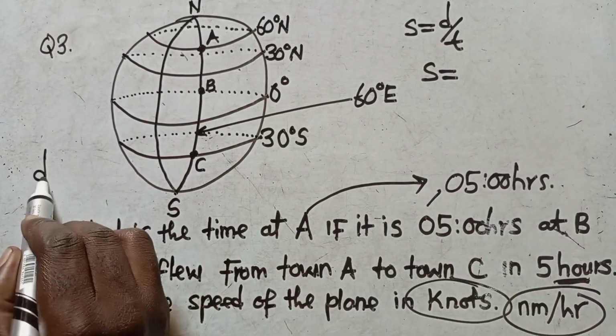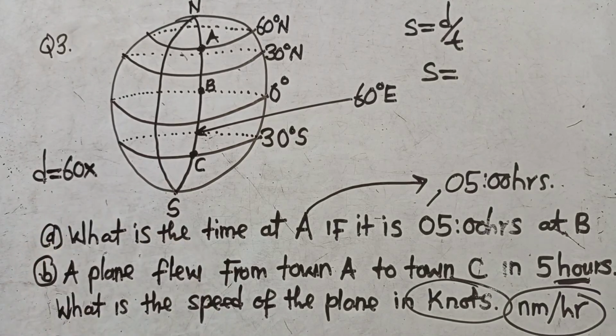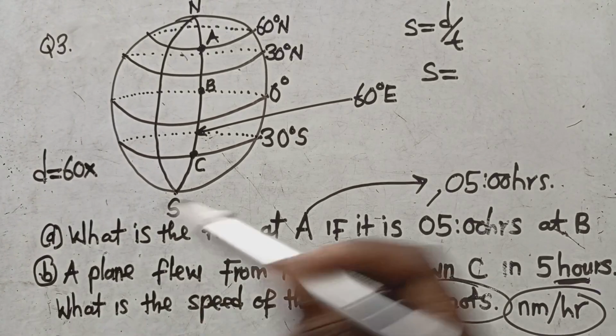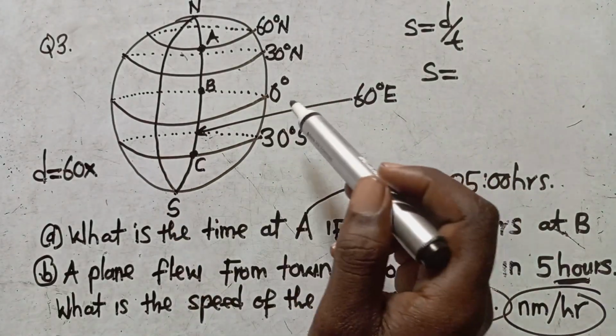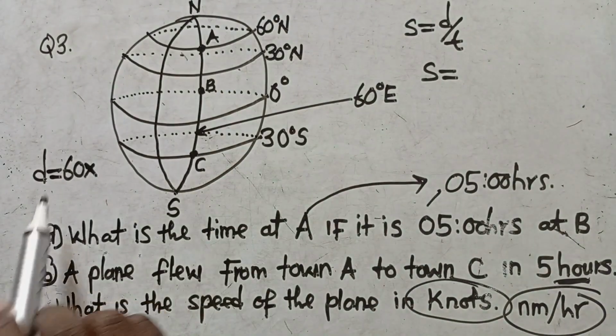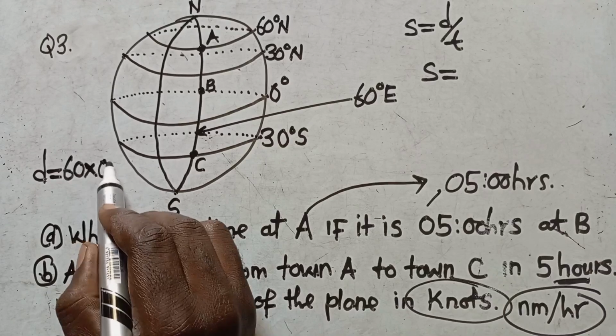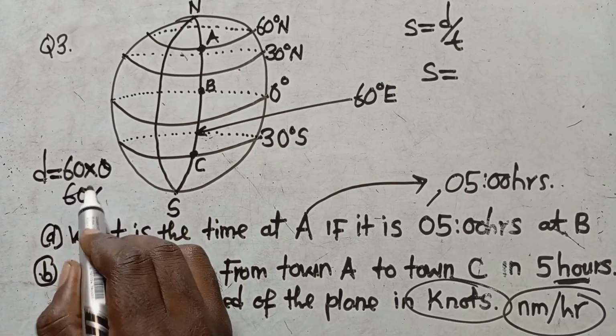For us to find distance, what you need to do, just say 60 times. We find the difference on latitude since they are on the same longitude. So this is a formula we get to use. So 60 times theta. This is the formula.